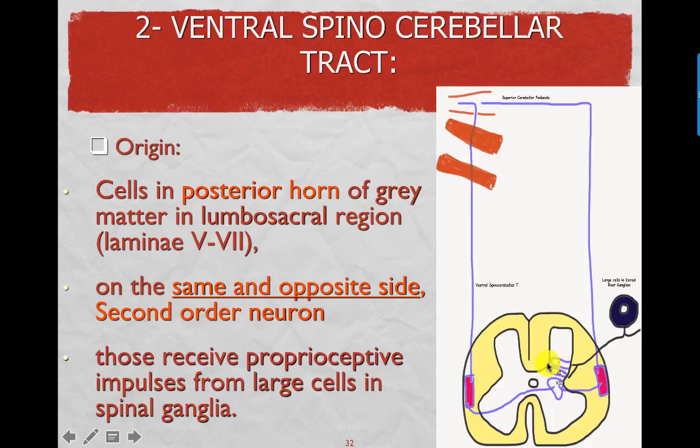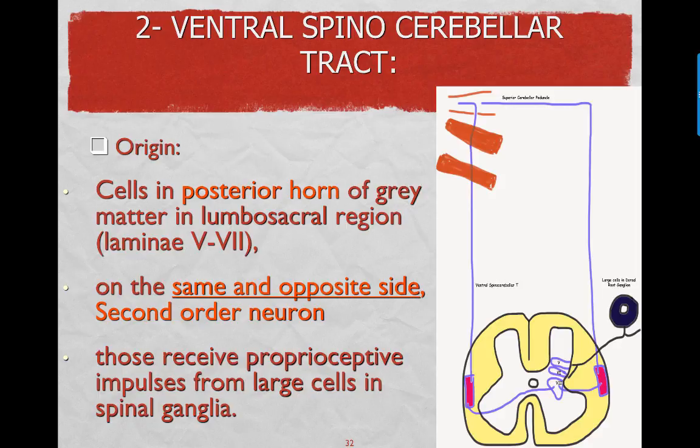A lamina is a layer containing nerve cells or a nucleus. These three laminae get these impulses and send their axons towards the white matter in the lateral column, on both the same side and the opposite side. So it is direct and crossed, forming the ventral spinocerebellar that ascends in the spinal cord.